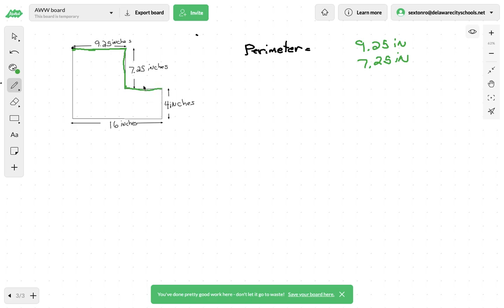It doesn't tell me. How can I figure that out? Well, I know I've got the whole thing, across this whole thing is 16 inches. And this much of it is 9.25. So this and this would have to add up to 16, wouldn't they? From there to there, and then from there to there would have to add up to 16.